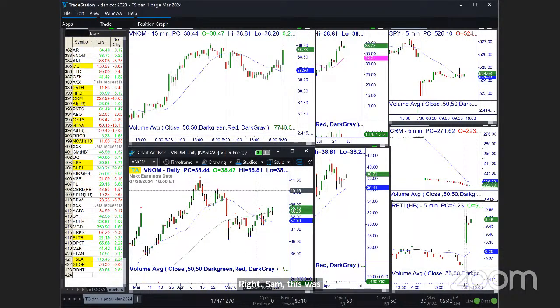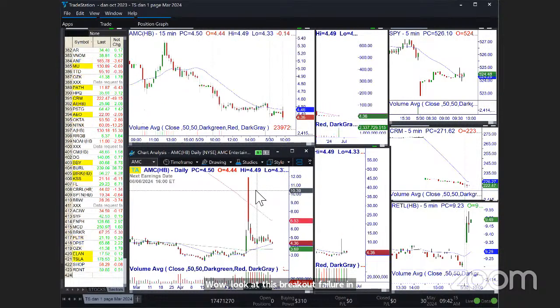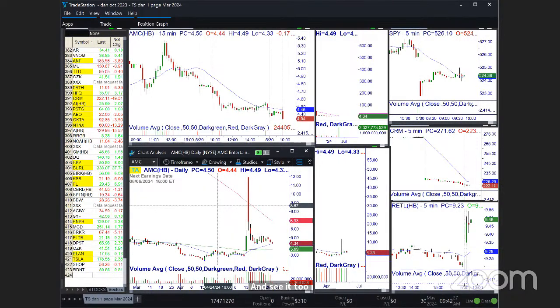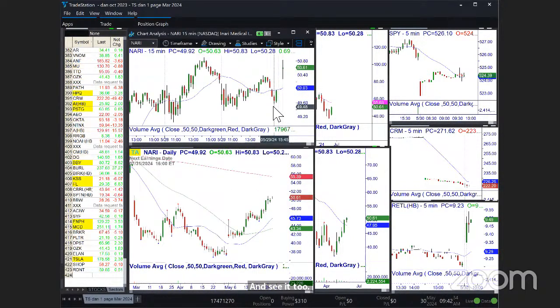Wow, look at this breakout failure in GME. AMC too. We're still in this. Slow and steady. Stop here, 49.57.